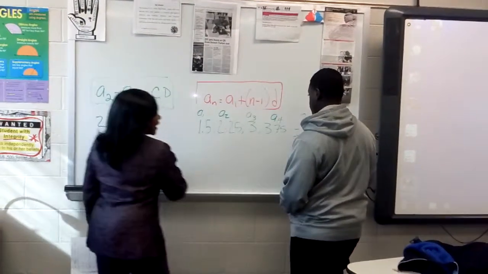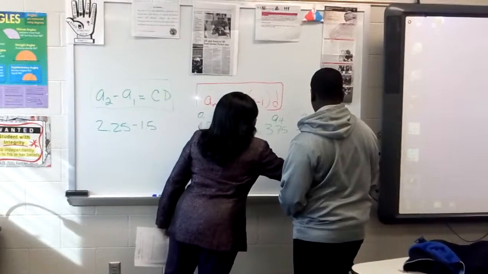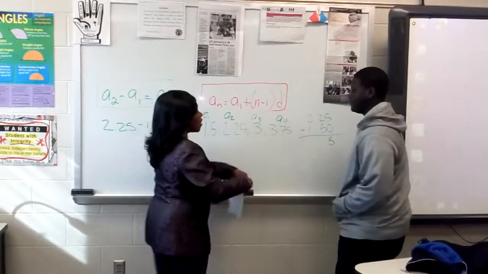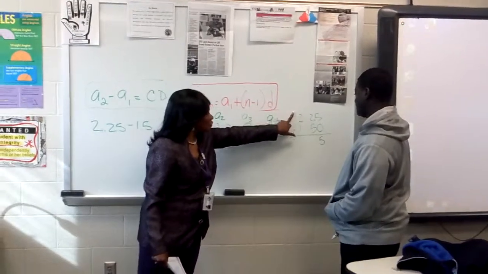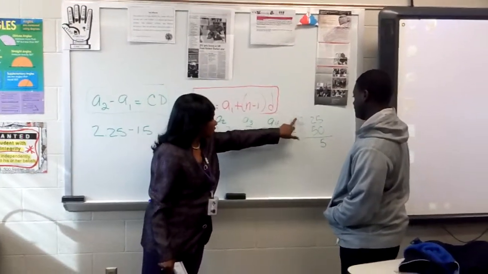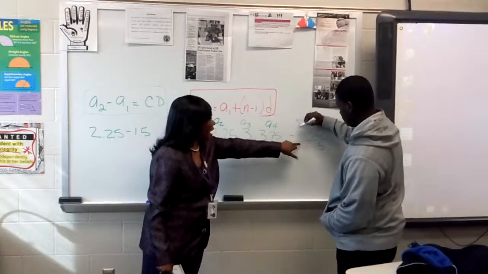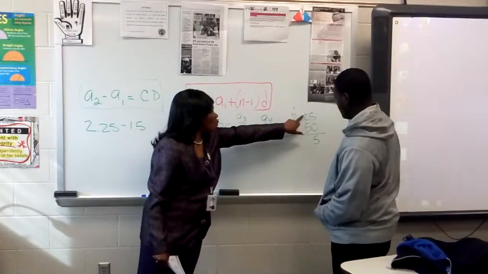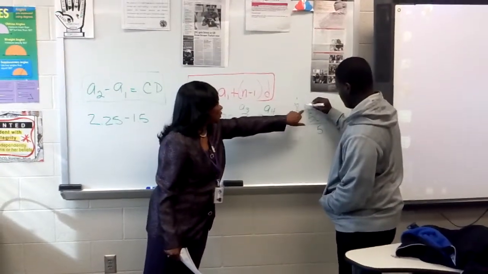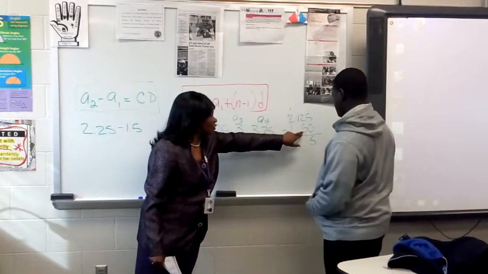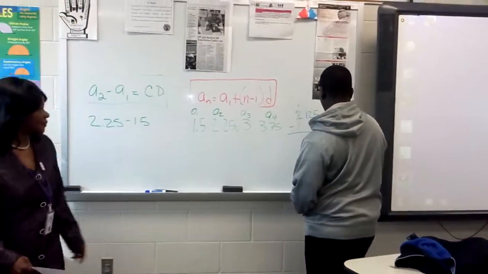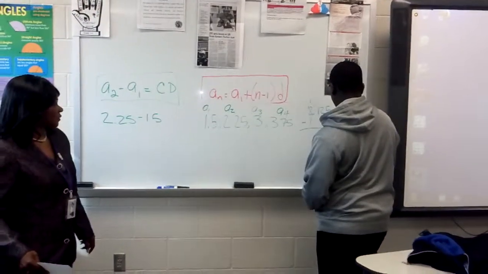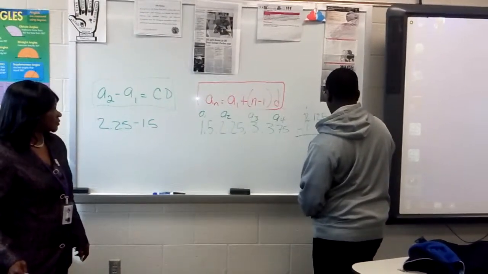Okay, let's look at it. You got to borrow a whole number right here, because you can't take 5 from 2, so borrow your whole 10. Cross that 2 out, put a 1 up there, add a 1 in front of that 2. Now you can subtract 12 minus 5. 7.